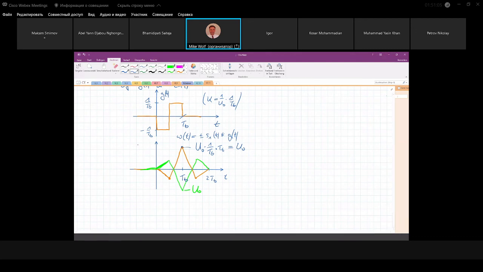So this would be W of t. Now, is the signal to noise ratio still the same? SNR. So we know S, we know W of TB to the square. What is it? It's U naught squared, right? If we look here at TB, we only consider the signal component.